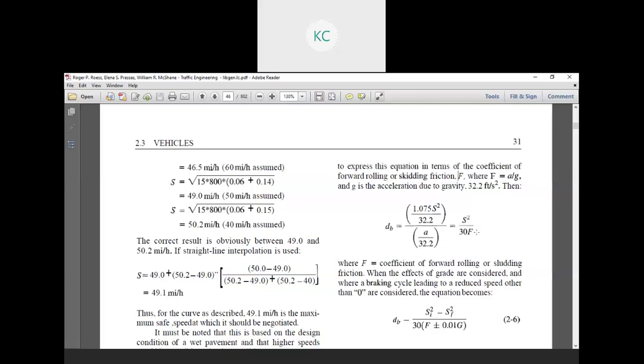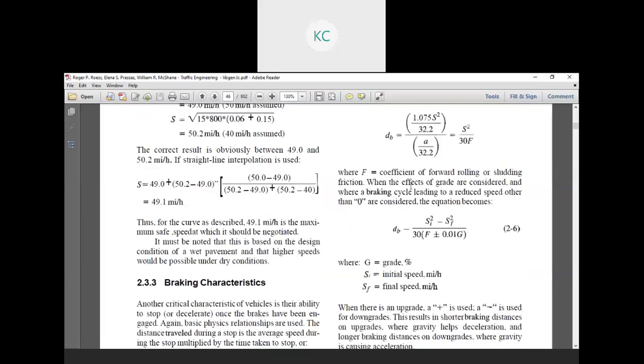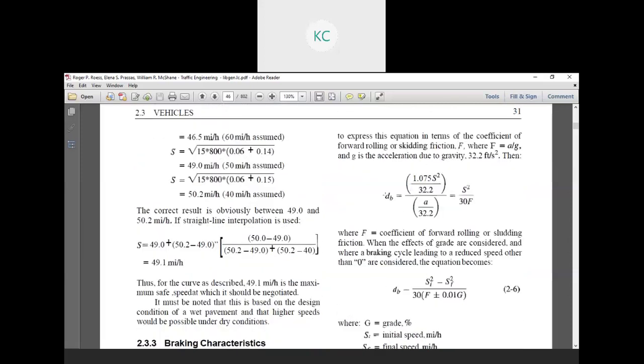The phenomenon or distance transferred from the original path to the off-braking path is known as skid. So the braking distance in terms of the skidding friction is dv equal to s square upon 30f, where f is the coefficient of forward rolling or skidding friction.